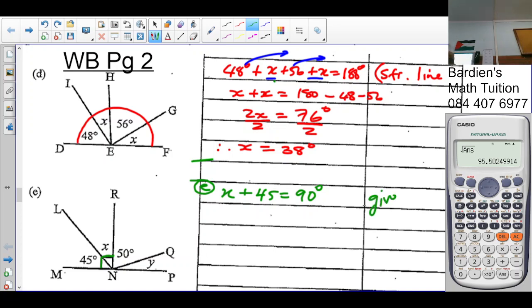It's given that the angle is equal to 90 degrees. That was given to us. You guys understand? So what do I do now? Solve for x. So x is equal to 90 minus 45. And what's 90 minus 45? 45.